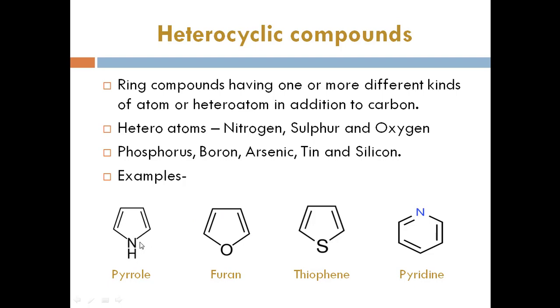So here nitrogen is the heteroatom. Here, other than carbon, one oxygen atom is present. And here the heteroatom is sulfur, and here again the heteroatom is nitrogen, right? So these are the heterocyclic compounds: cyclic or ring compounds having a heteroatom in the structure. Okay.